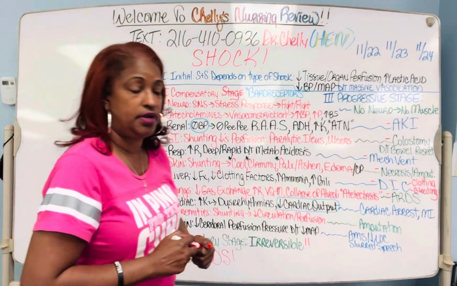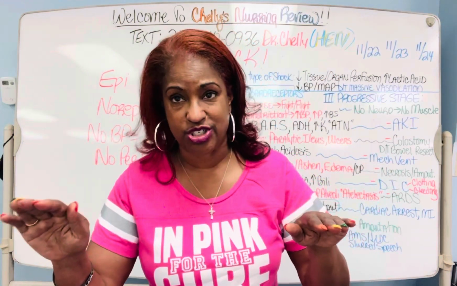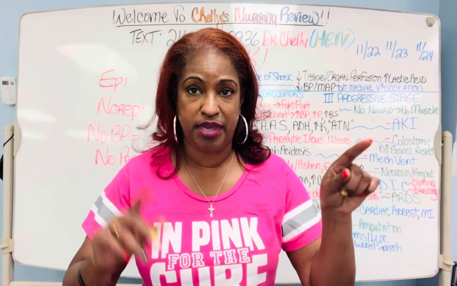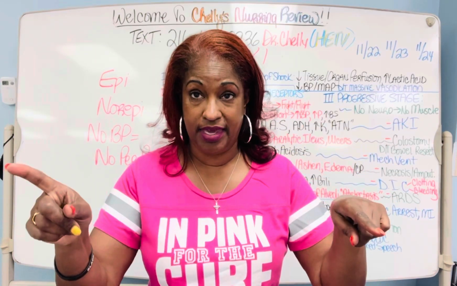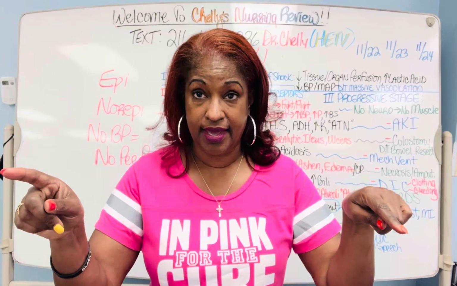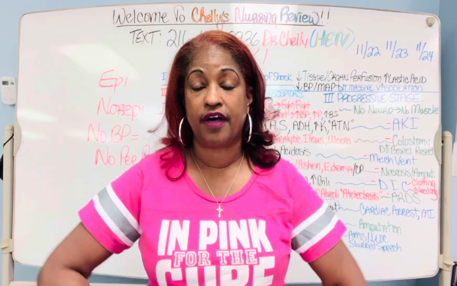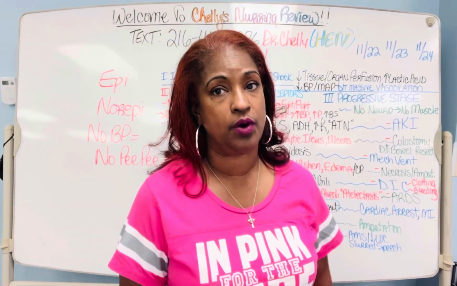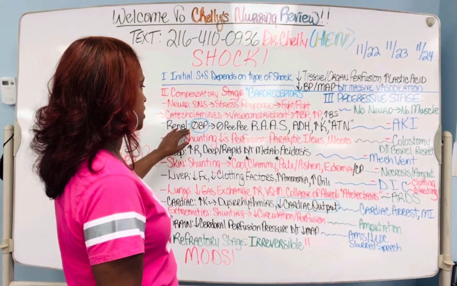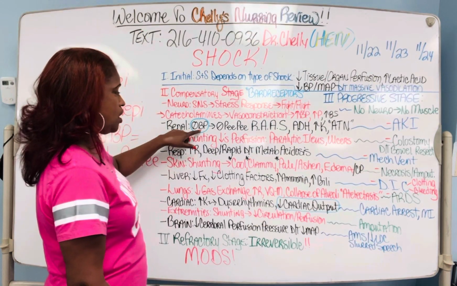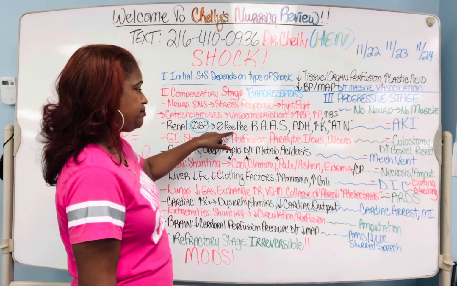In other words, beloved, if you don't have any blood pressure, then you don't have any blood perfusing. No BP means no blood perfusing the kidneys and all the other organs in your body, but right now we're talking about kidneys.